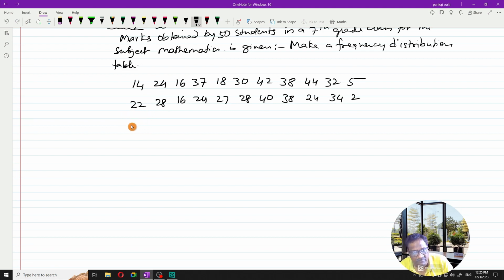The next row will be for the next 10 students. So 27, 30, then 42, then 34, then 38, then 48, and 44, then 34, then 32, and 24, and just 1 mark.